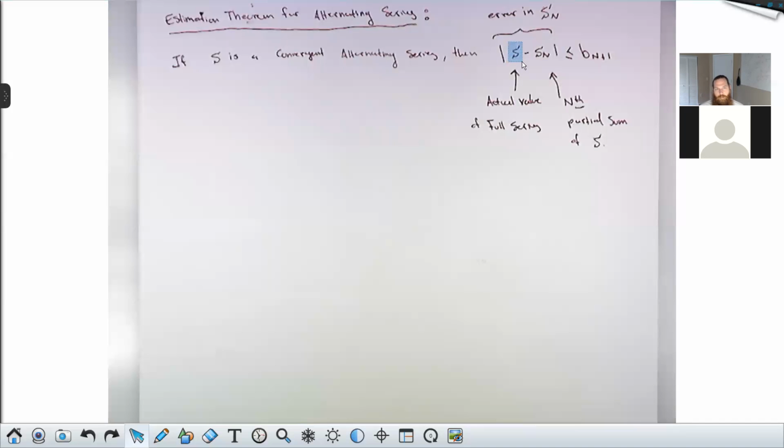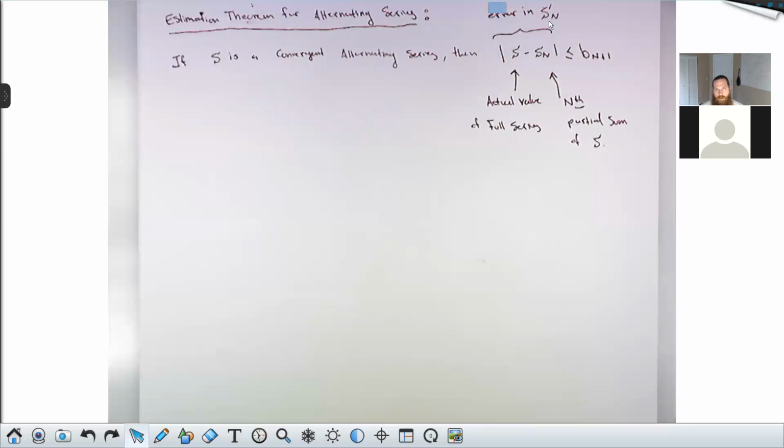Now, S is what I want to approximate. I don't know the value of that series. Sn is something I'm capable of computing. It's a finite sum, right? Like I can write down S5. So this error tells me how far the thing I can compute is from the thing I want.